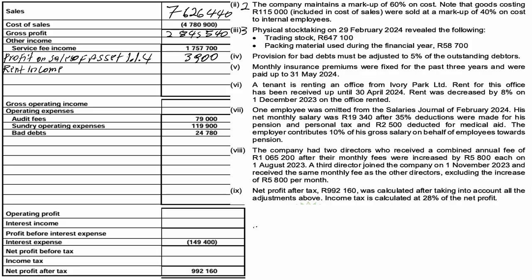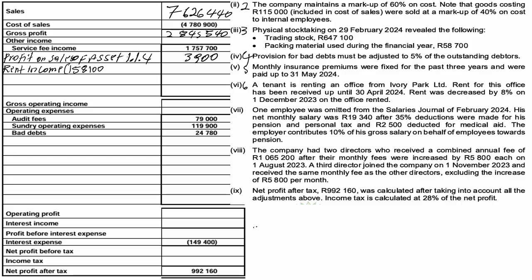Okay, so speaking of rent income, guys, we need to go to additional information number 6. So in additional information number 6, we have that transaction there that affects our rent. But however, we need to go to our balances first and take that figure of 158,100, right? So now, guys, on transaction number 6, we are told that a tenant is renting an office from Ivory Park Limited, right?